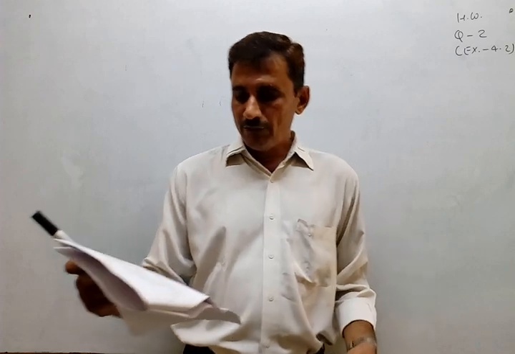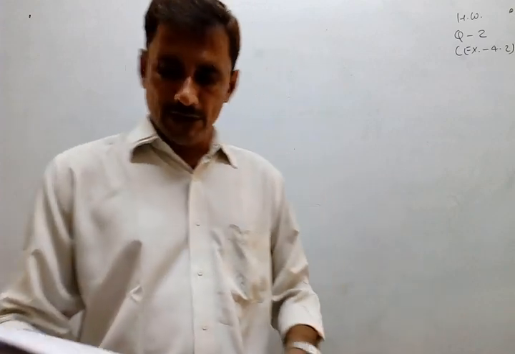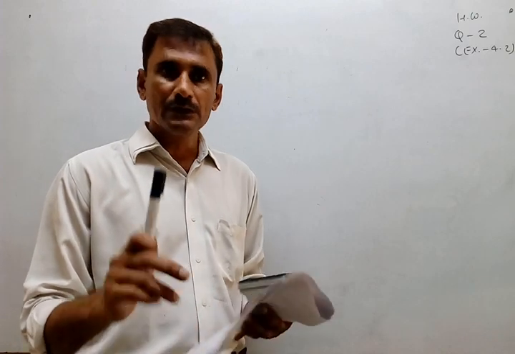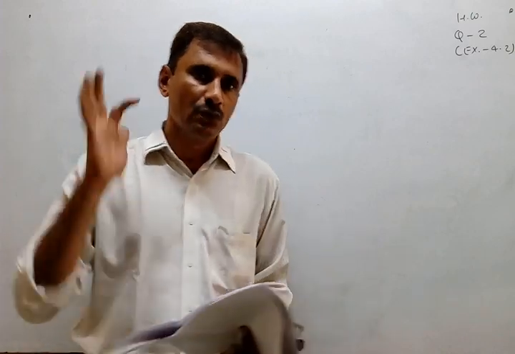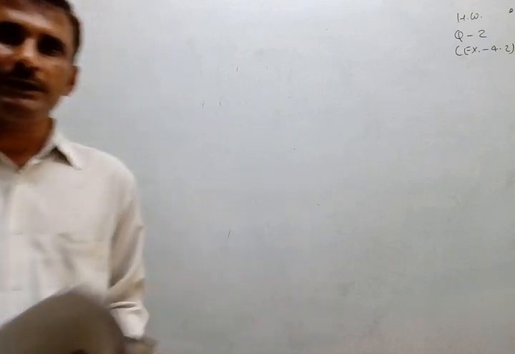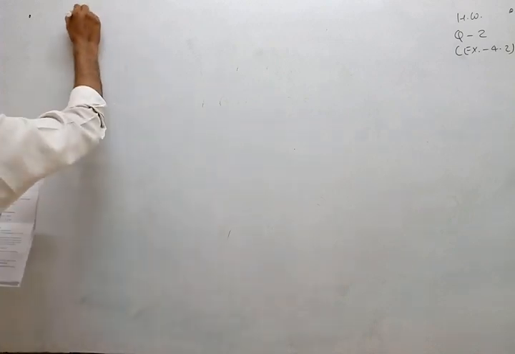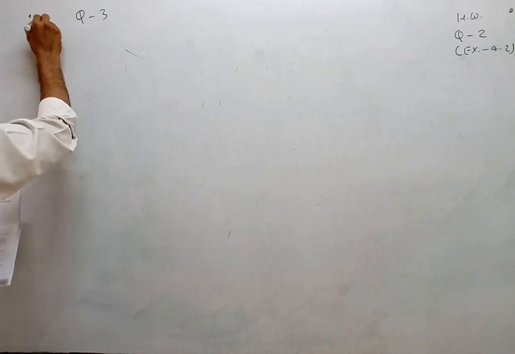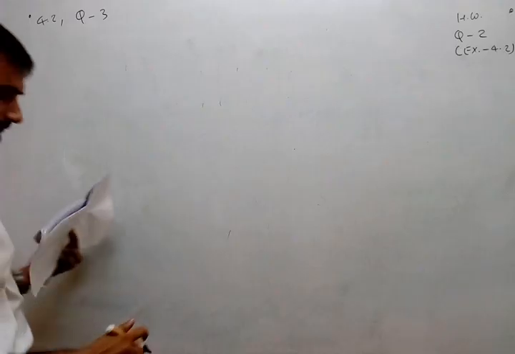Now look at number 3. What is given? Find two numbers whose sum is 27 and product is 182. So two numbers should be there whose sum is 27 and product is 182. Question number 3, 4.2.